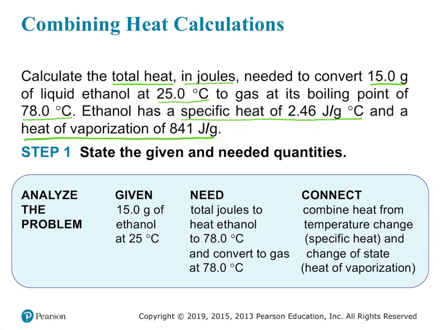Whew, okay, that's a lot of information. So we're given the mass. Great. We're also given a temperature change, 78 and 25, so we'll need to probably find the difference there. And we're also given the specific heat of liquid ethanol and the heat of vaporization.